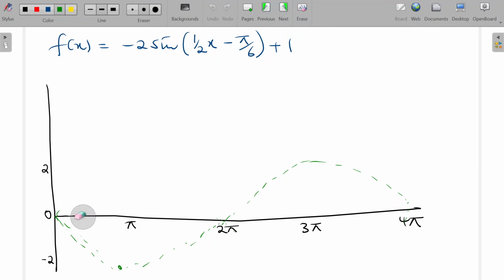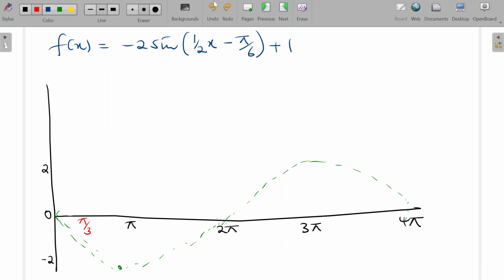Each point on this graph, you are going to add pi over 3. Here, you add pi over 3 to the 0. I'll now use the red ink. So this point moves: 0 plus pi over 3 is pi over 3. So the point will be here.